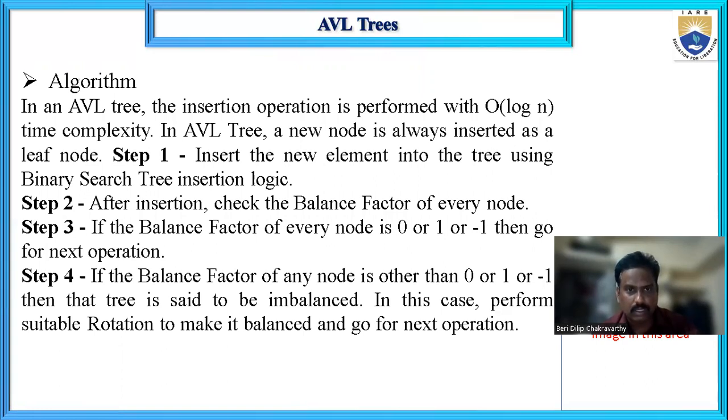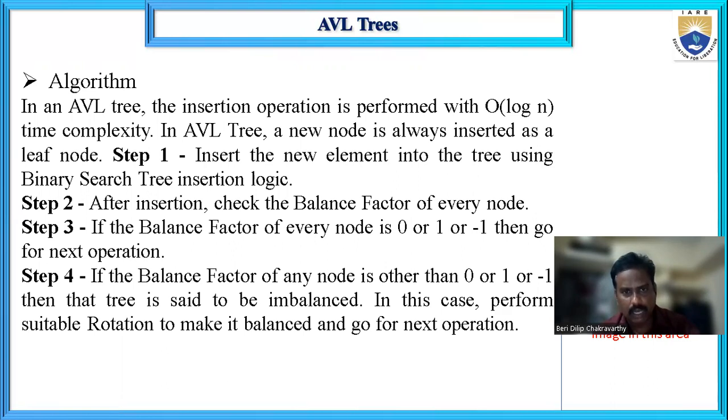Step one, insert the new element in the tree using binary search tree insertion. So by using BST logic, we are inserting the element. If the element is greater than the root element, I'm moving to the right side. If the element is less than the root element, I'm moving to the left side. Whatever we have seen in binary search tree, we are implementing the same thing for inserting an element in AVL.